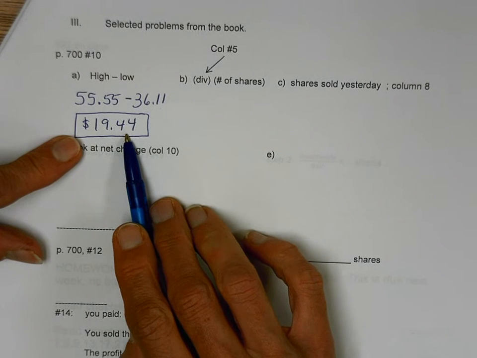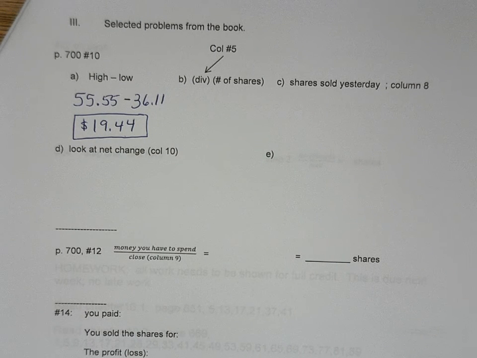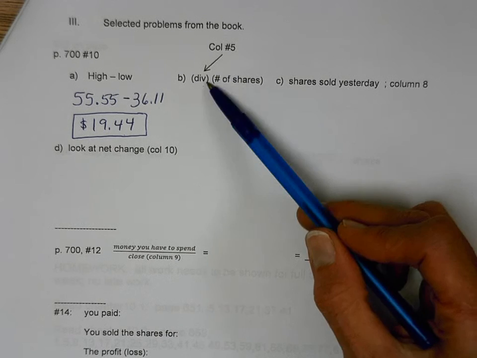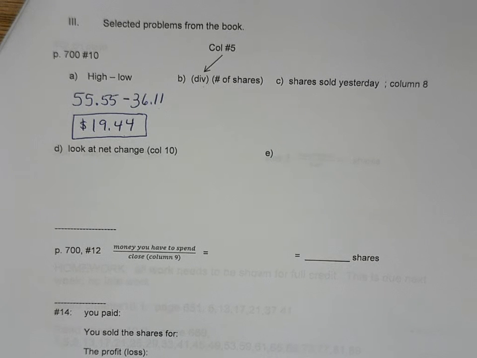The next part of this question says, suppose you own 750 shares of this stock. What dividend did you receive this year? Well, first you're going to look at column 5. So let's do that. 1, 2, 3, 4, 5.